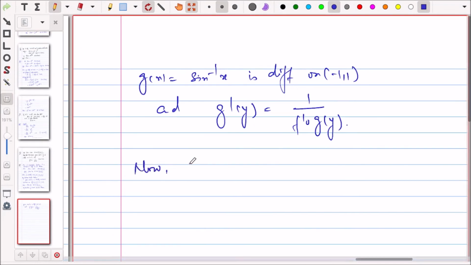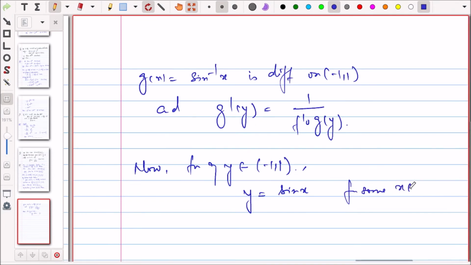Now for any y belonging to minus 1 to 1, what will happen, y will be equal to sin x for some x belonging to minus pi by 2 to pi by 2, right?